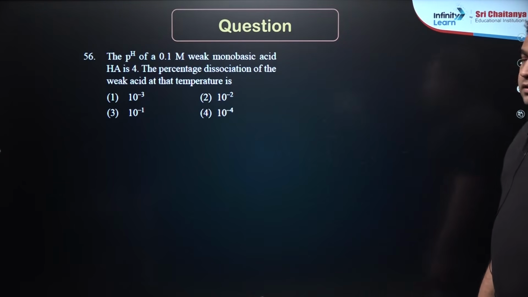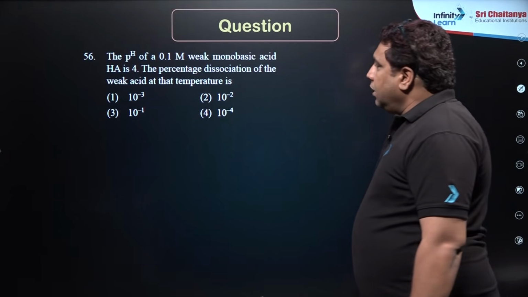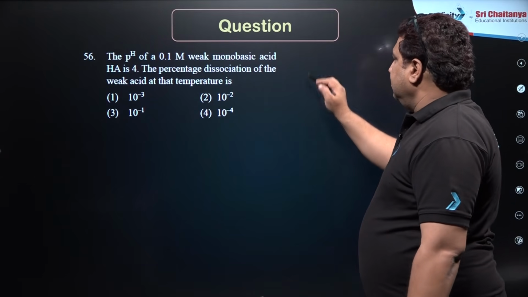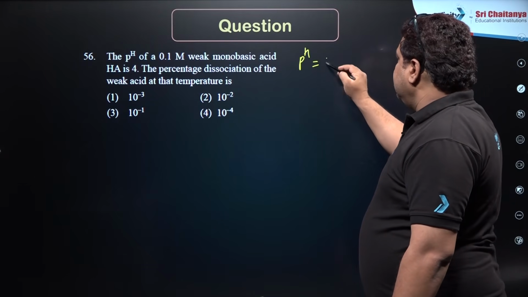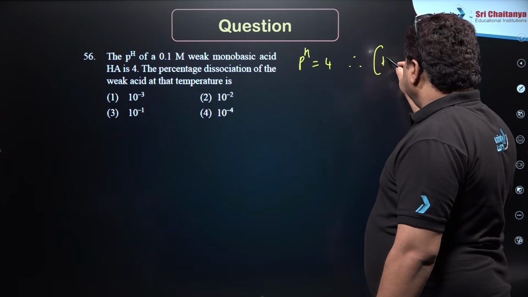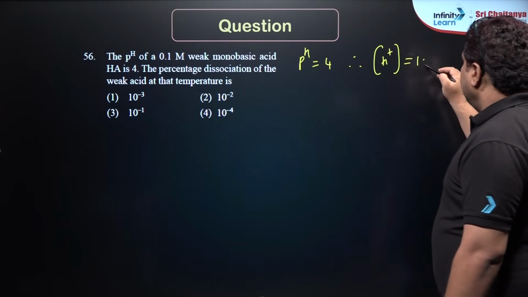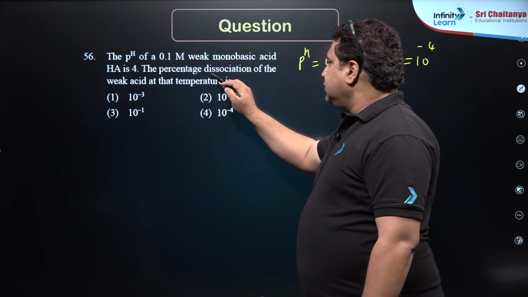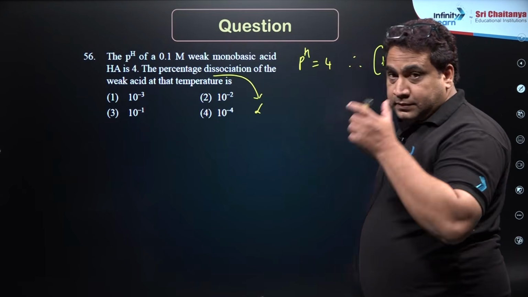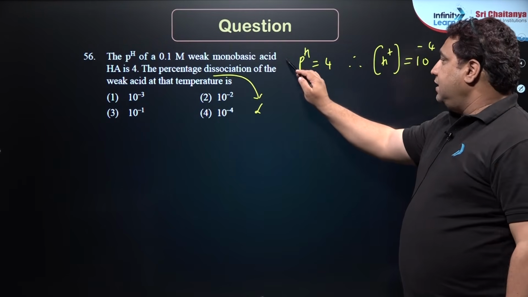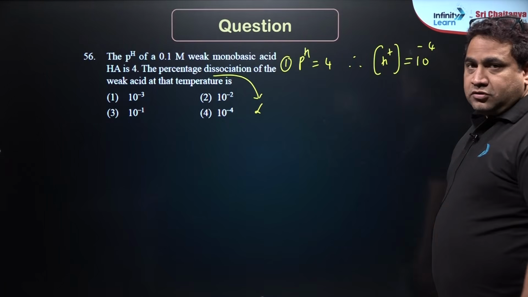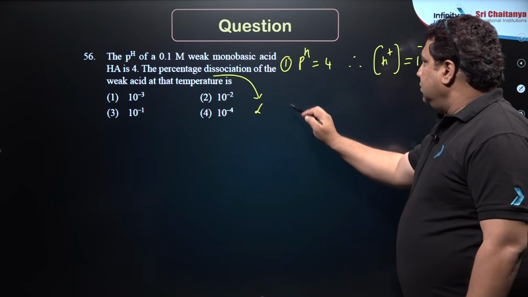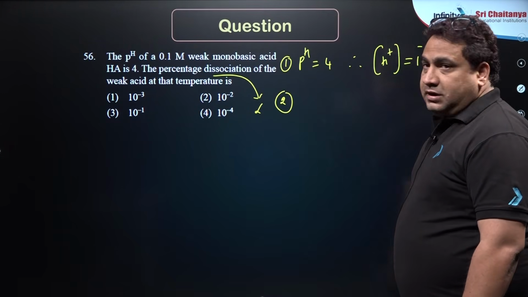Next, the pH of a 0.1 molar weak acid is 4. So pH is 4. Therefore, dear students, H plus concentration should be 10 power minus 4. The percentage of dissociation, that means he is asking you alpha. So first step, pH is 4, H plus concentration is 10 power minus 4. What is the question? Alpha.